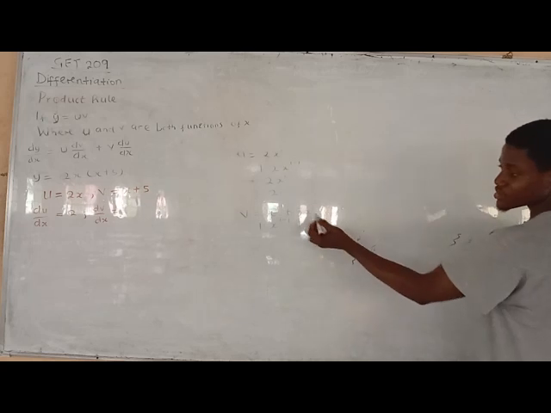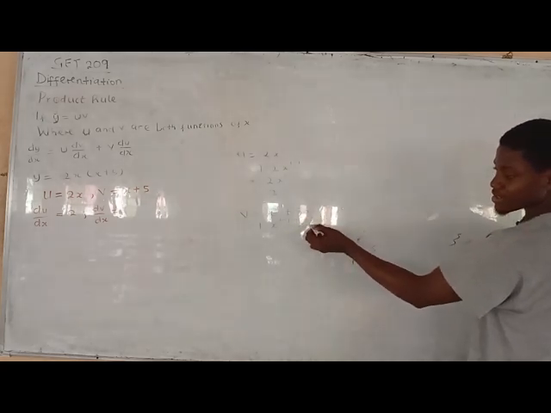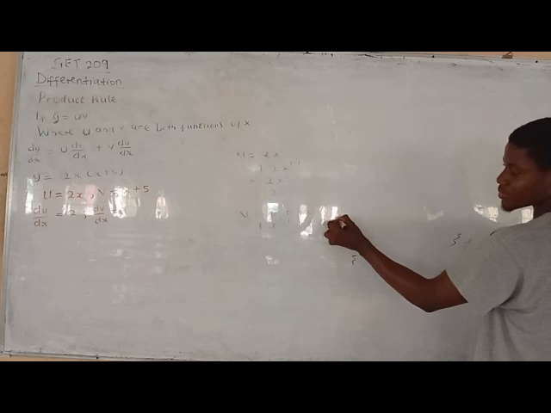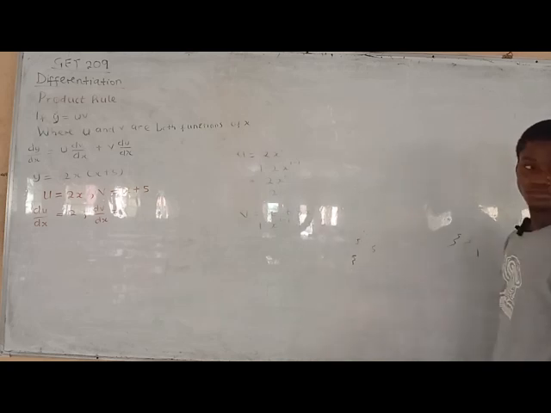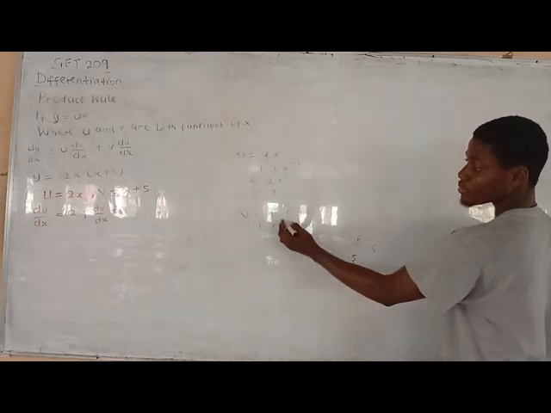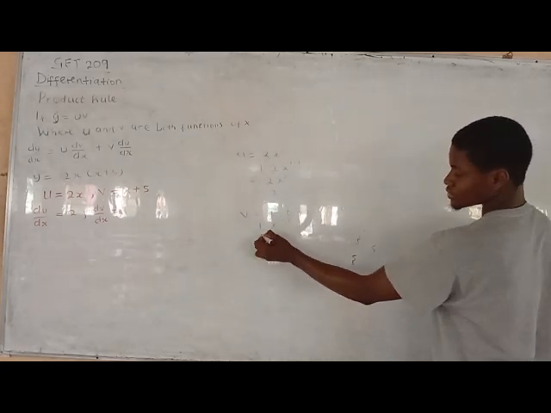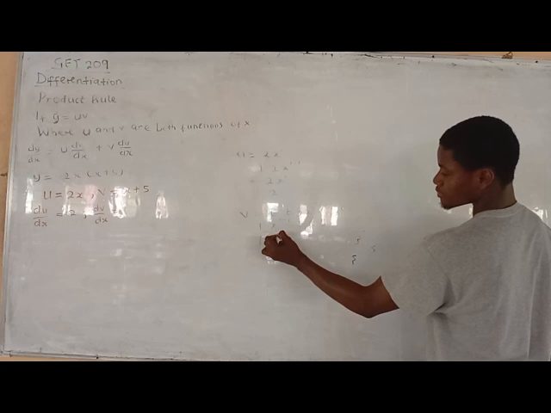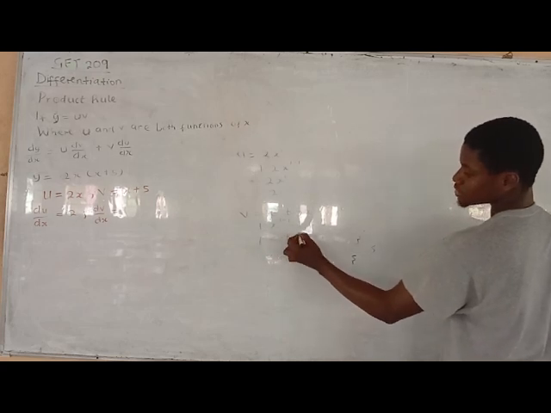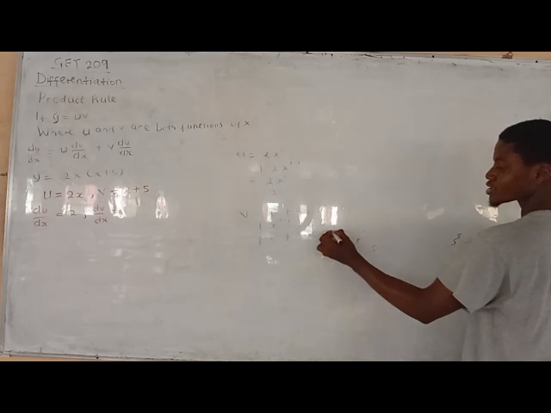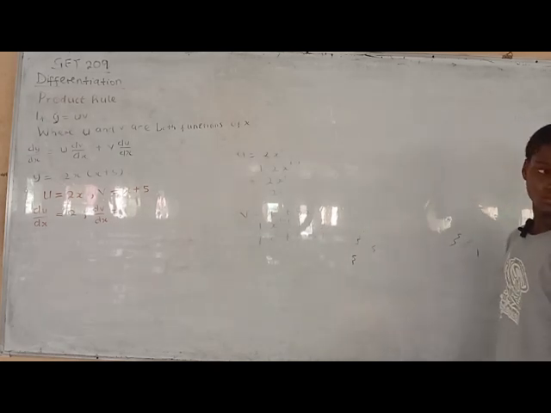So for this x, this 0 comes down, times 5 times x raised to power 0 minus 1. So 1 minus 1 is what? So we have 1 times x raised to power 0, plus 0 times 5x raised to power minus 1.